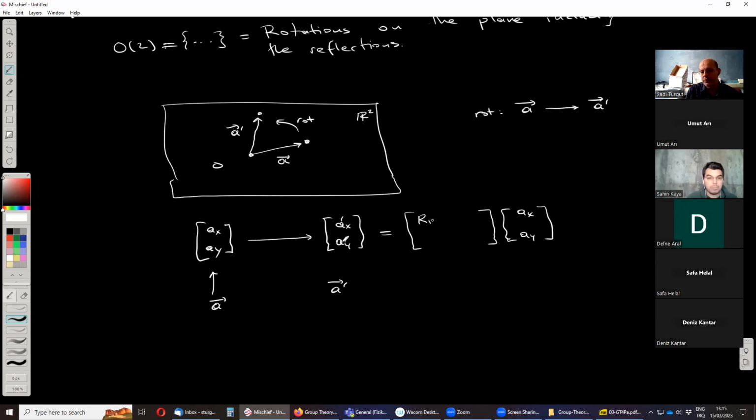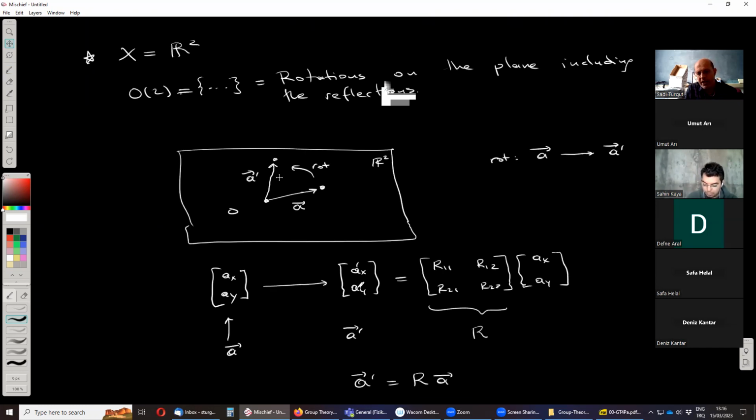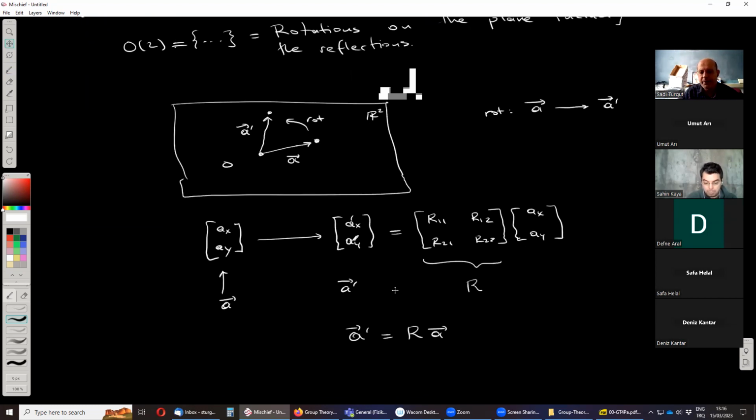So we have a 2 by 2 matrix in here. I'm just going to write it down like that. This is called the rotation matrix. So basically A prime is obtained as R multiplied with A. In a way, a rotation is actually a map on the two-dimensional plane. So it's a function, but I can express this function as a matrix.